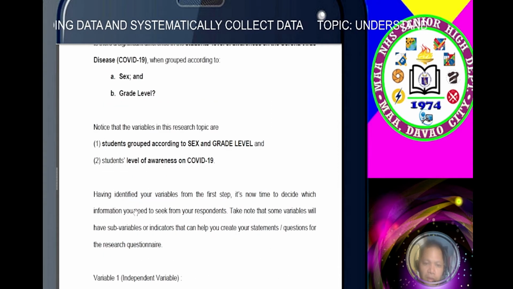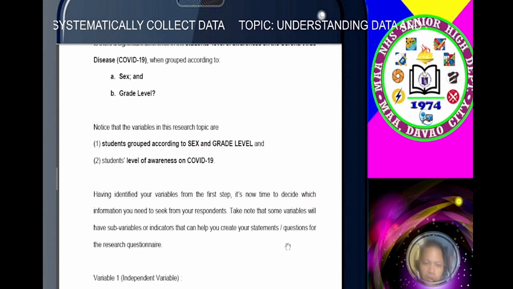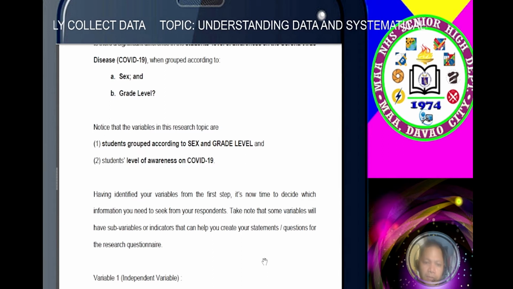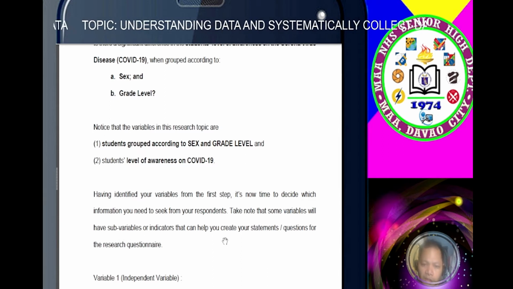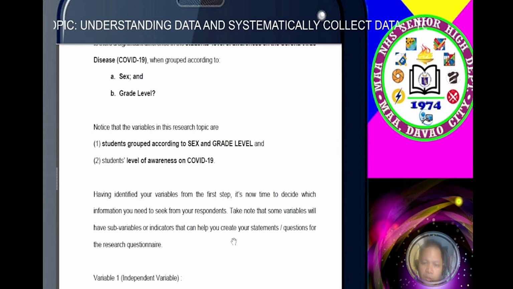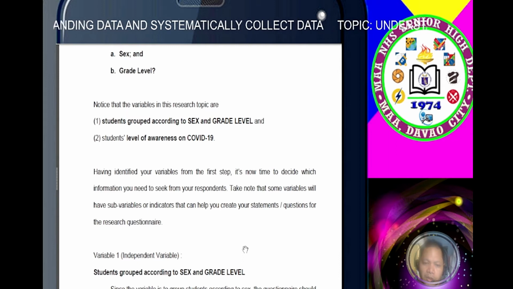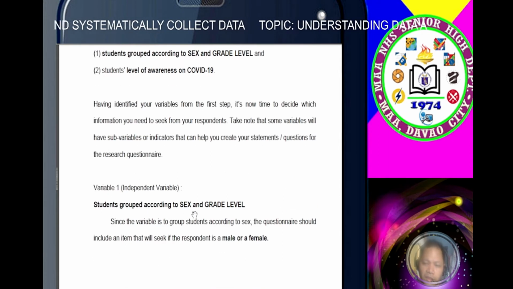Okay, so having identified your variables from the first step, it is now time to decide which information you need to seek from your respondents. Take note that some variables may have sub-variables or indicators that can help you create your instrument or questions for the research questionnaire. Here, our independent variables are sex and grade level.